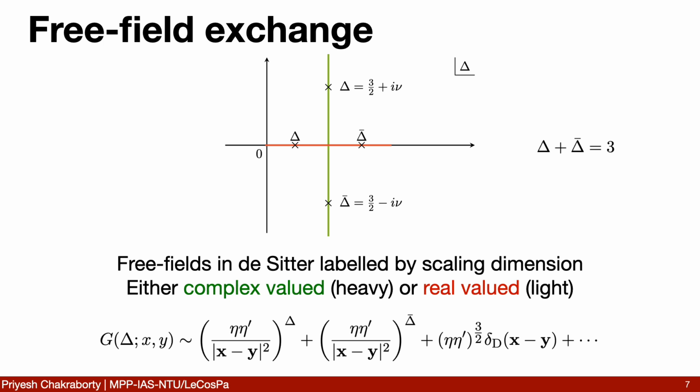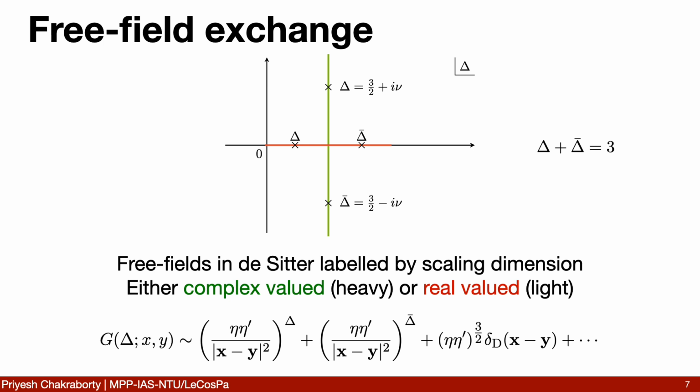Now, free fields in de Sitter are labeled not by the mass but rather by the scaling dimension. So if you take the 2-point function of a scalar field and you pull it apart at long distances, it breaks down into these two power laws, where the exponent is what you call the scaling dimension, and the other one, the bar, is called the shadow, plus some local terms, some delta functions that are familiar from flat space.